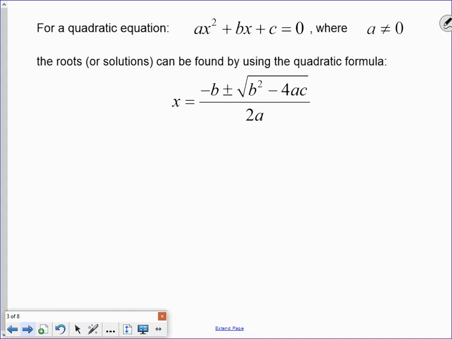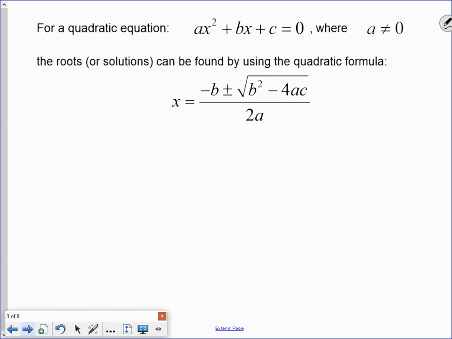So basically all we're going to be doing is from our quadratic equation, we pull out the values of a, b, and c, we sub them into this equation, and we work out what x is going to be just by evaluating. There are some tricks that go along with it, which we are going to discover as we go along.